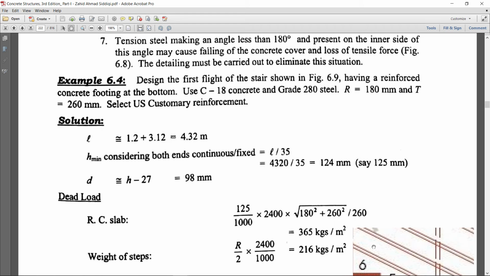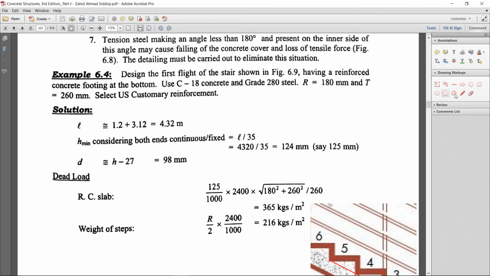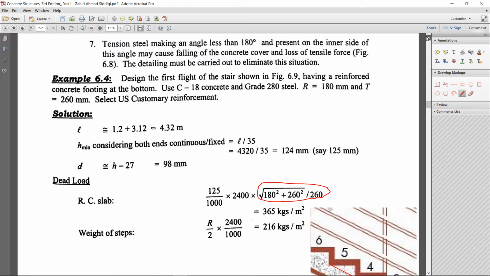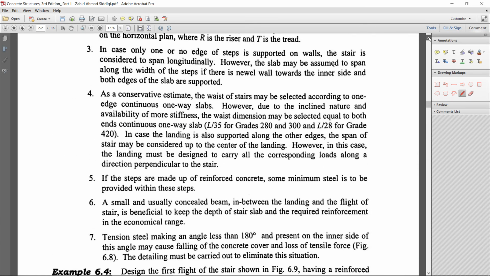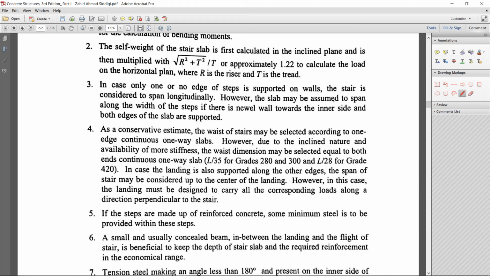But in this case our slab is inclined, so we have to multiply with this factor, square root of riser square plus tread square divided by 260, or you can multiply directly by 1.22 instead of this factor, that is mentioned in the steps. Okay, for the calculation of self weight of the stair slab, multiply with this, or you can multiply with this to calculate the horizontal plane load.